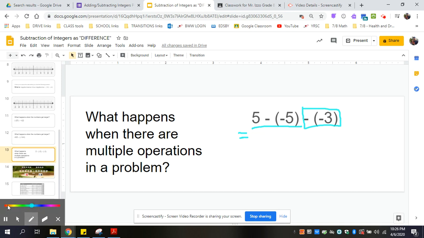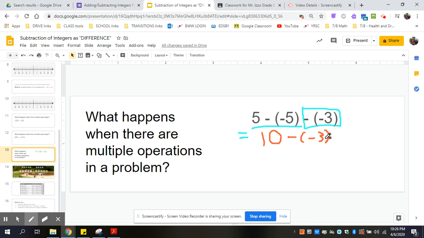Remember, I taught you always keep it in the same order, especially when we're dealing with addition and subtraction. It's really important. 5 minus negative 5. We've got two 5s on the opposite sides of the 0. So I know off the bat that's going to be 10.